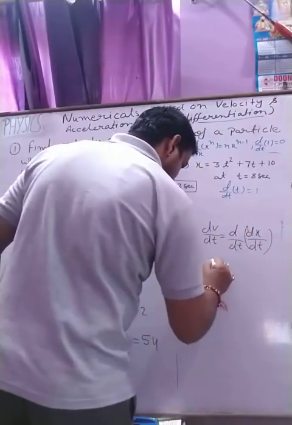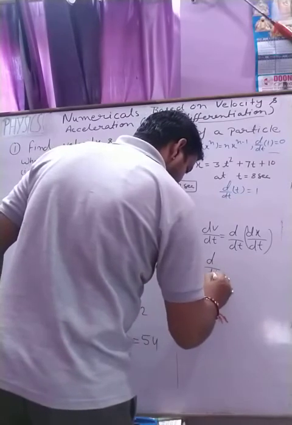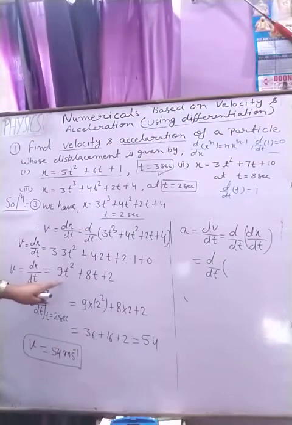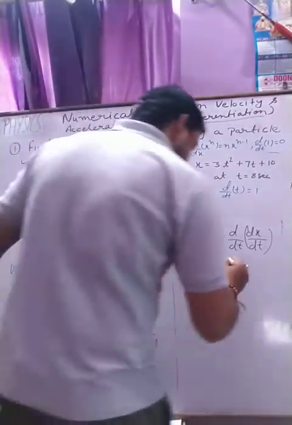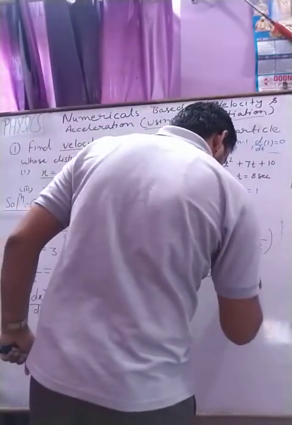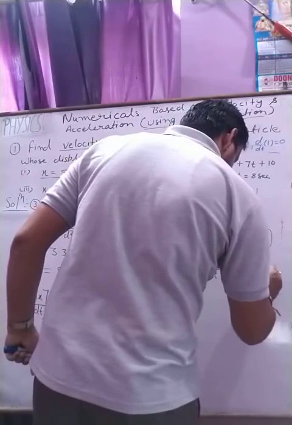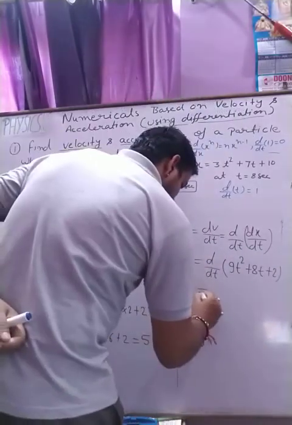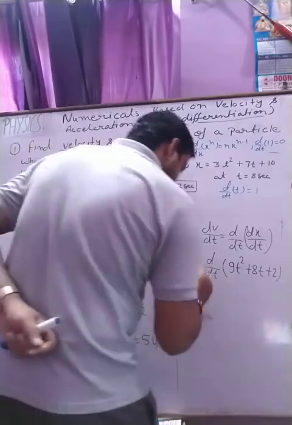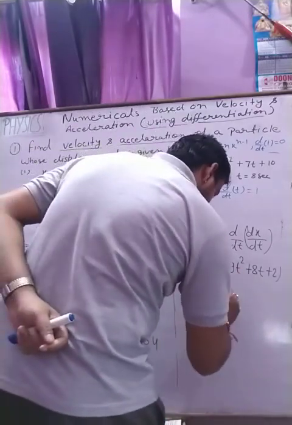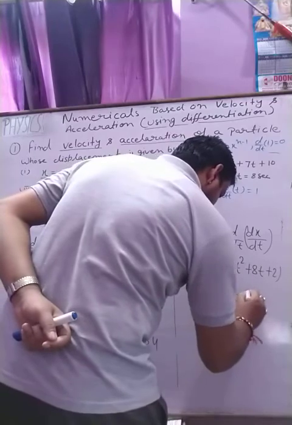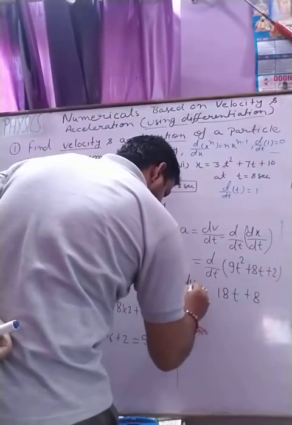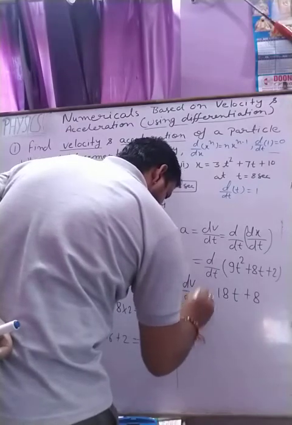Now d over dt of 9t square plus 8t plus 2, on solving it, we get 18t plus 8. This is dv over dt.